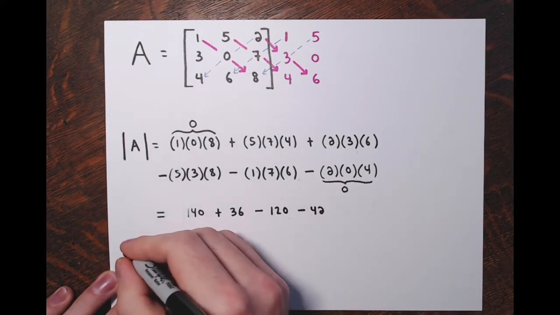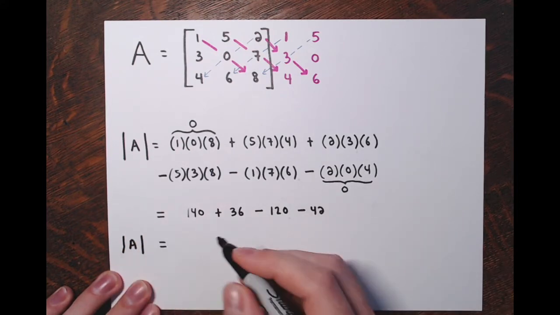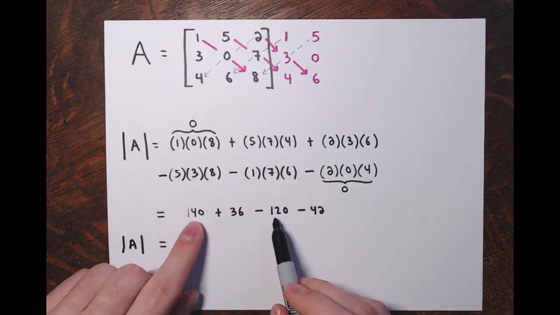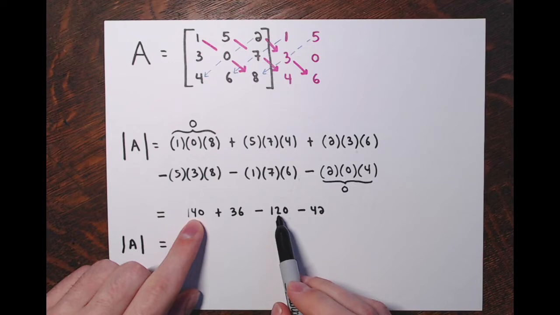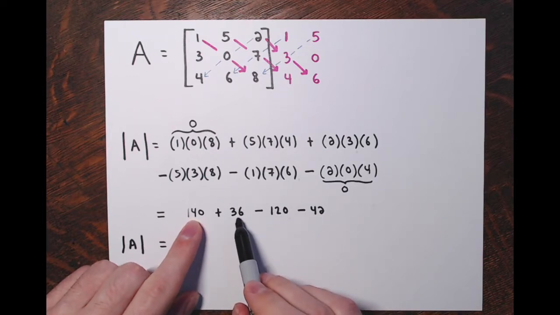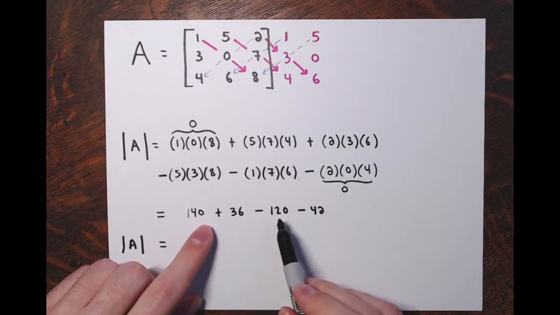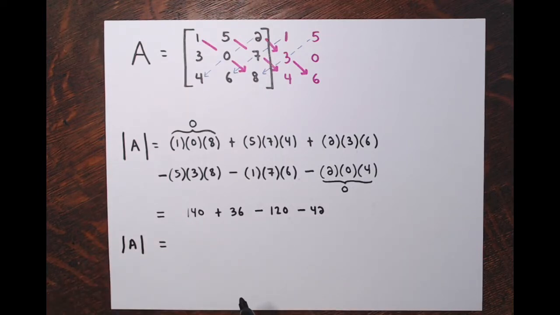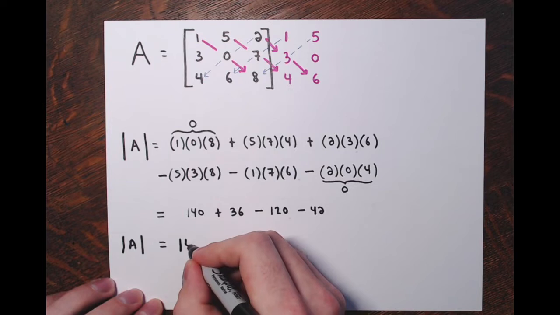Alright, and then putting everything together. Now 140 minus 120 is just 20. Plus 36 would be 56. And then 56 minus 42 would be 14.